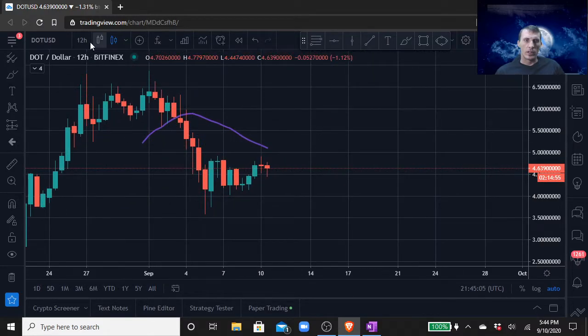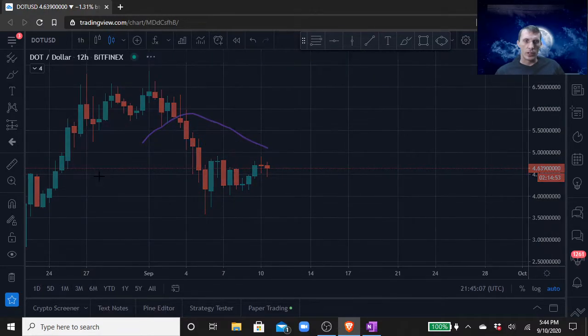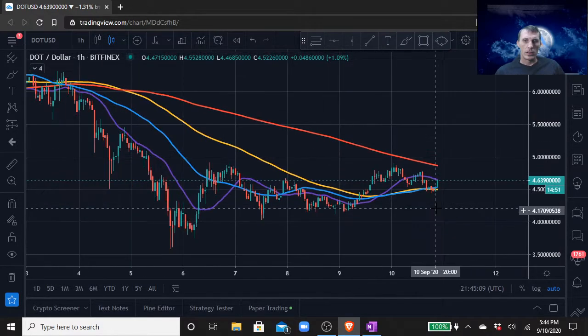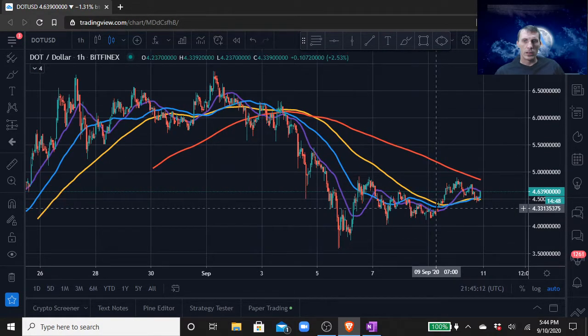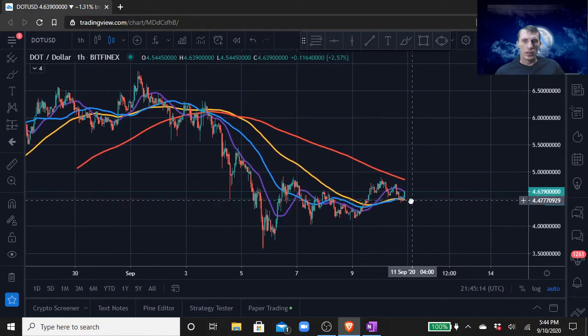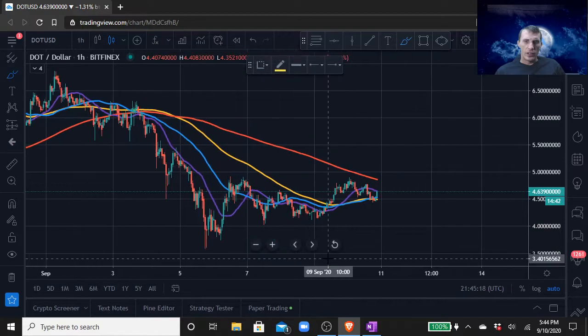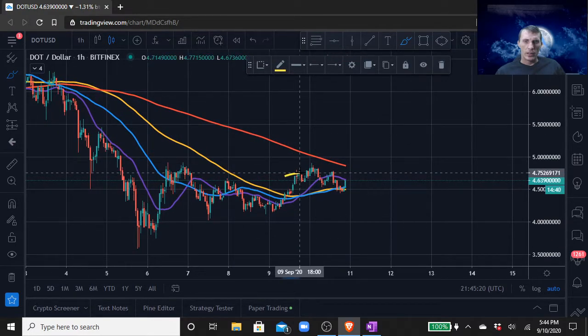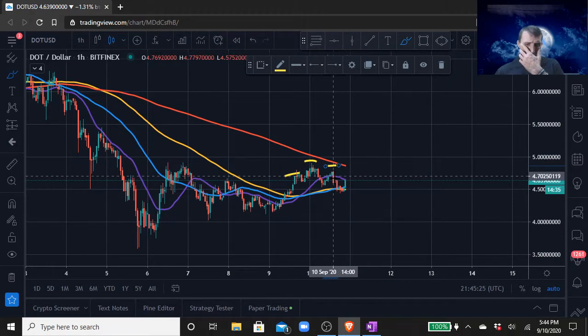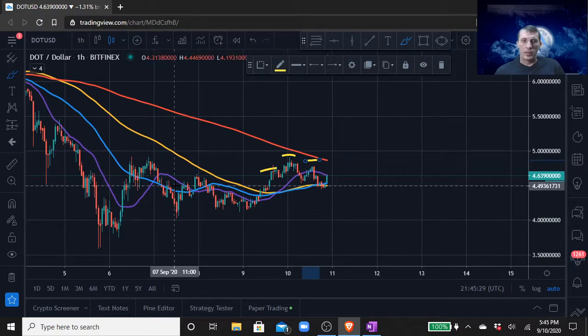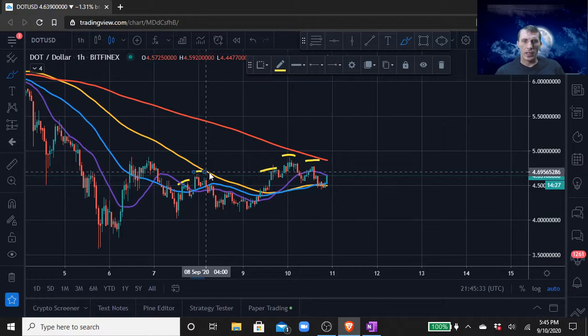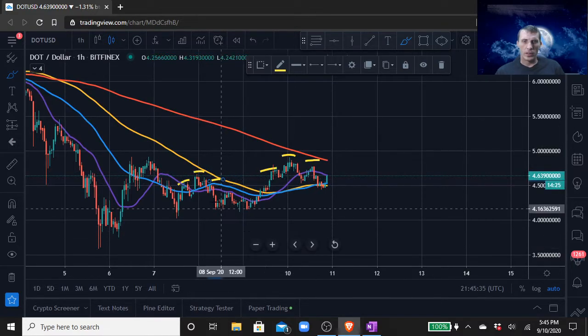Here's a little more. Let's just check a 1 hour chart. So here we did get a nice head and shoulders on the 1 hour. There's your shoulder, there's the head, there's the shoulder, and a dump.